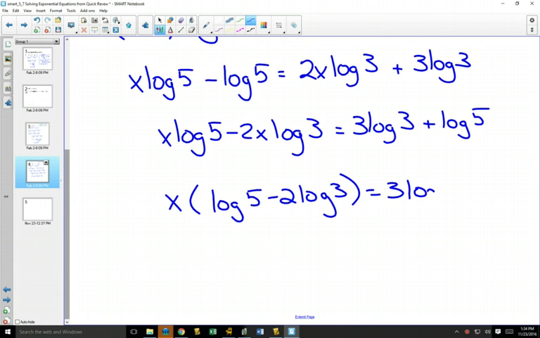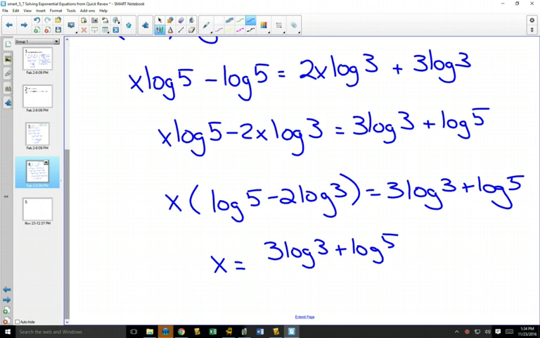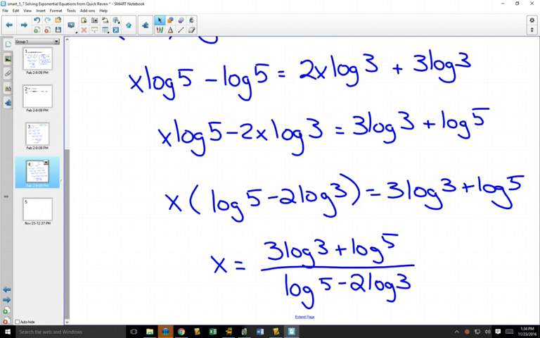This side still has 3 log 3 plus log 5. And now, inside the brackets is a number. So if we divide both sides by that number, we get the following expression.